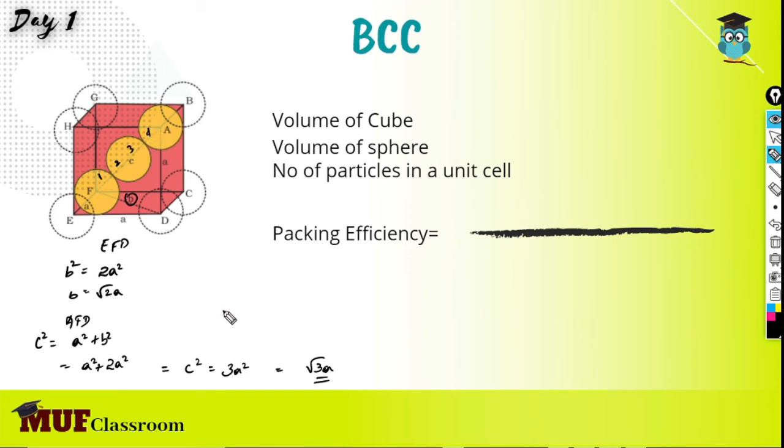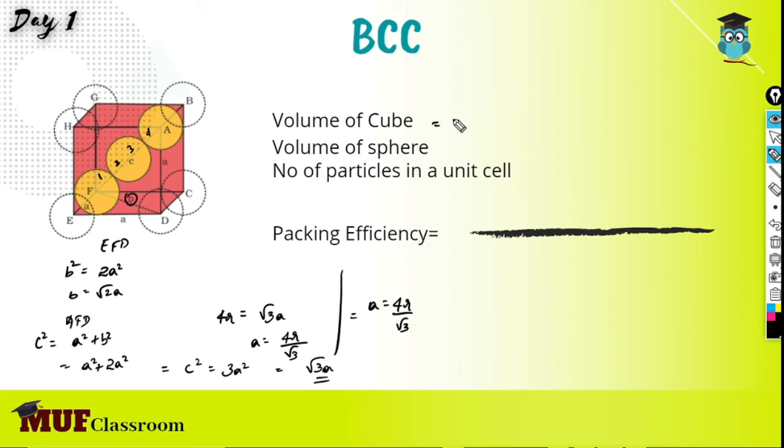So 4R is equal to root 3 A. Then the value of A is equal to 4R by root 3.